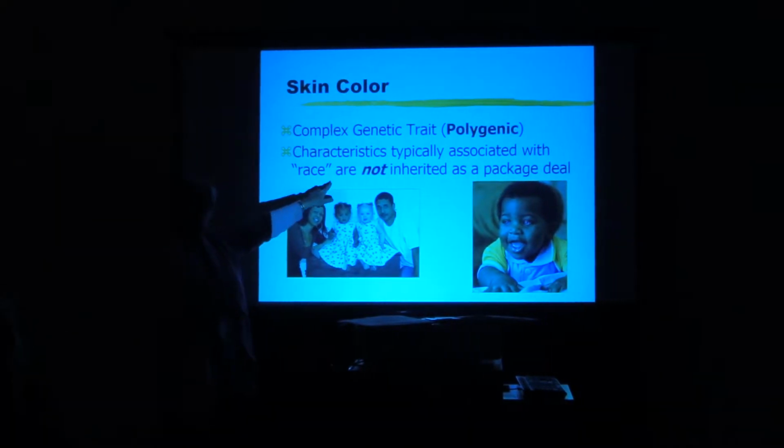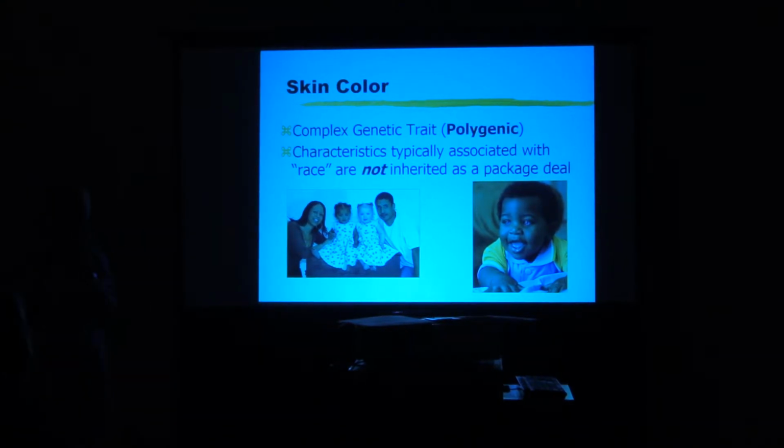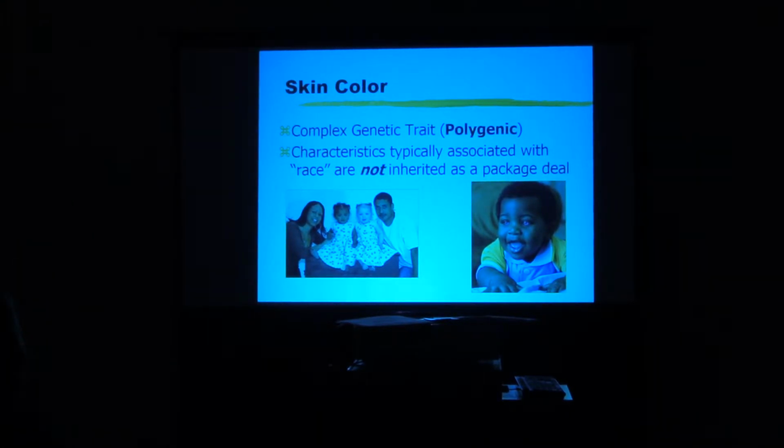Okay? Racial characteristics are not inherited as a package deal. It's complex genetics. That's why the same parents can produce identical twins. One we would probably say is black, the other we'd probably say is white.